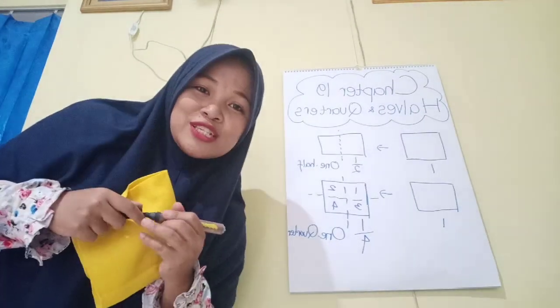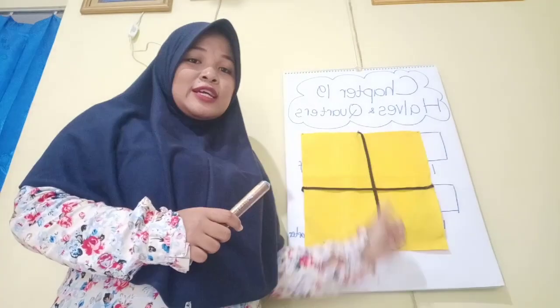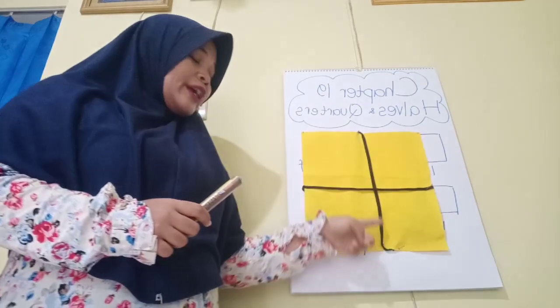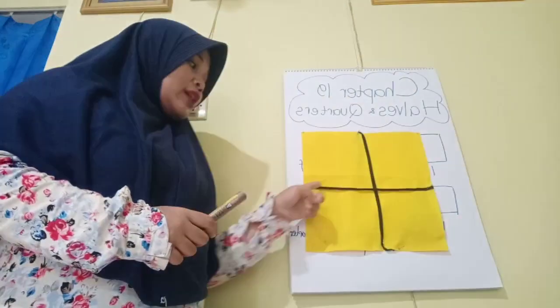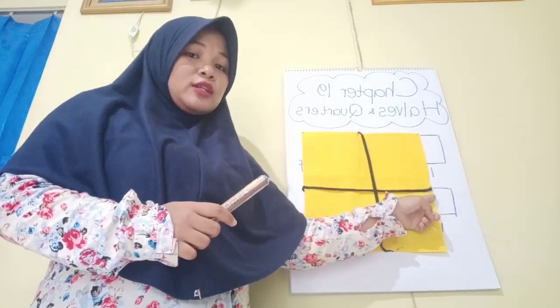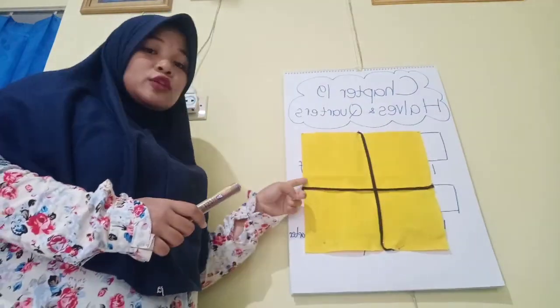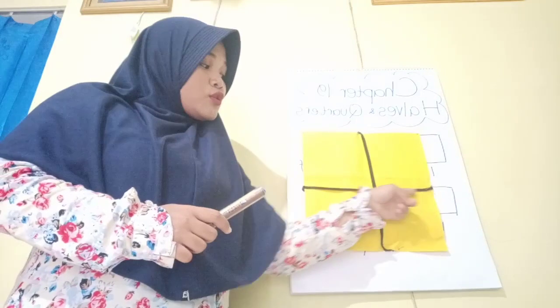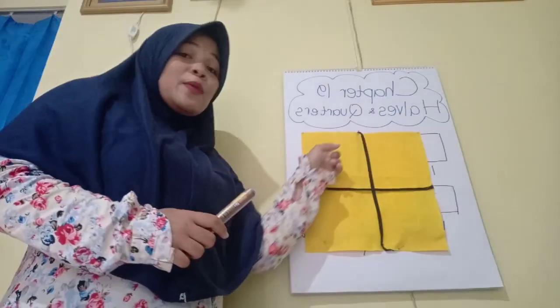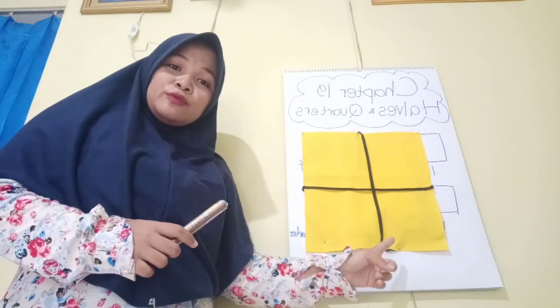Okay, let's continue. I have a rectangle and there are black lines. This is one part of the rectangle. This is also one part of the rectangle. This is also one part of the rectangle, and this one. How many parts are there in this rectangle now?